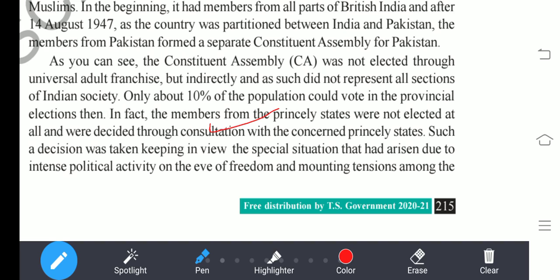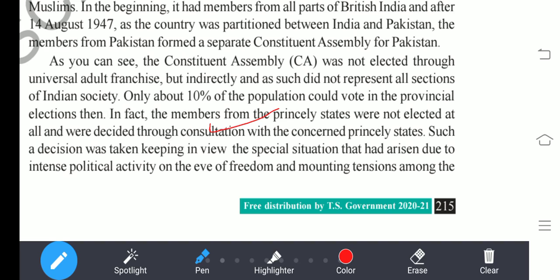But the people in princely states had tasted the freedom struggle and wanted to remove the rule of the princes, and the people of the princely states wanted their regions to merge with the Indian Union.